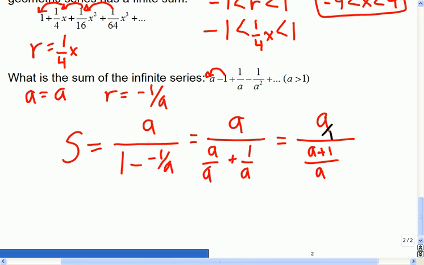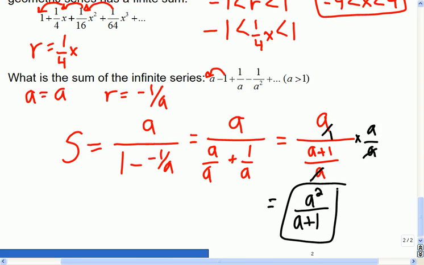Between 1 and a, it's going to be a. So if I multiply top and bottom by a, I haven't changed the fraction. That's like multiplying by 1. And what that means is this a is going to cancel out with that one, and I'm going to end up with a squared over a plus 1. So we'll practice that kind of complex fraction stuff more, but that's one way you can get rid of the complex fraction, and that would have been the answer, a squared over a plus 1.